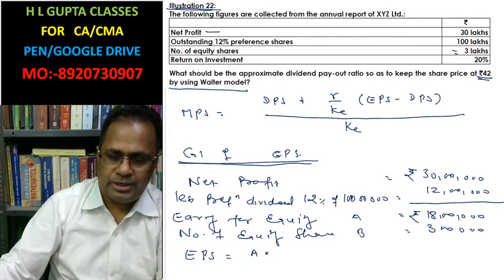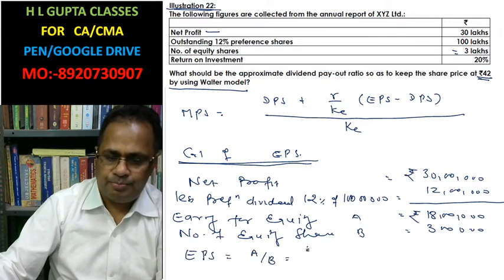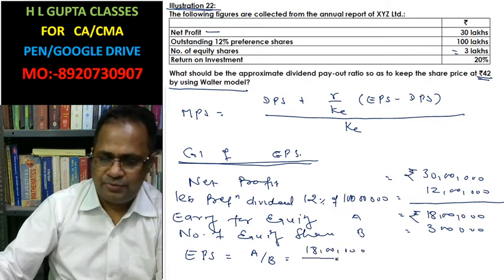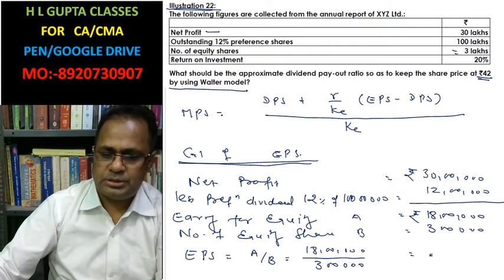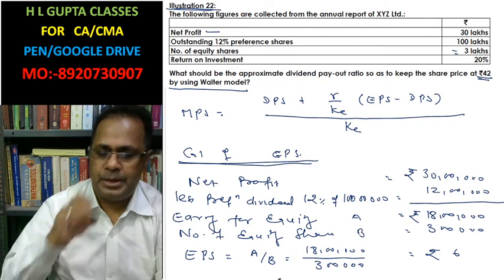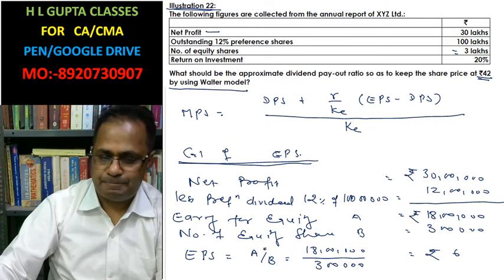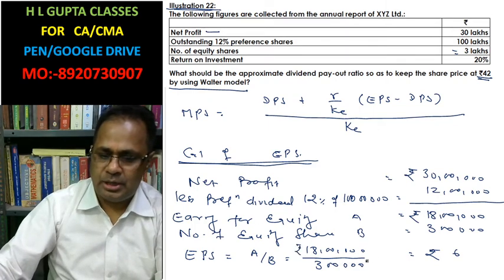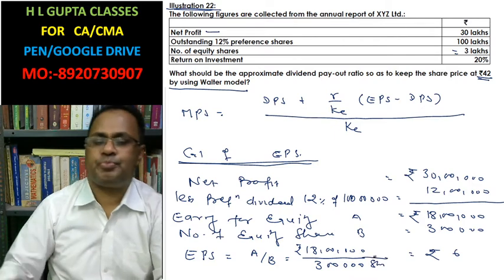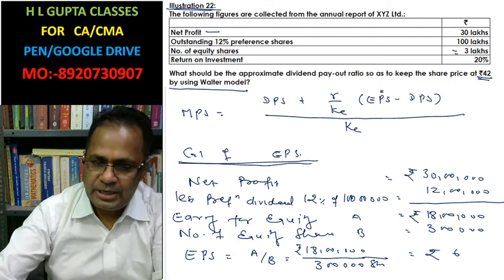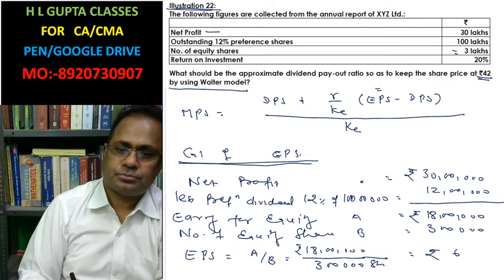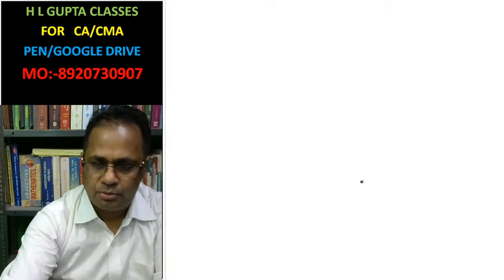EPS equals A divided by B, 18 lakh divided by 3 lakh, which equals rupees 6. EPS equals rupees 6. So we have calculated EPS here.